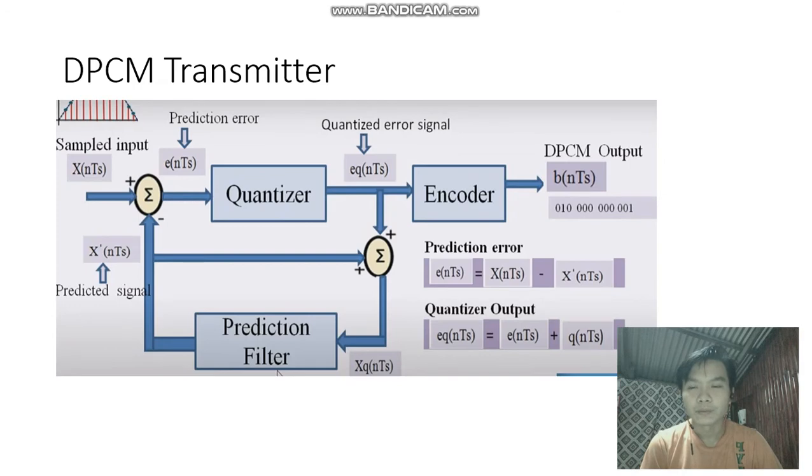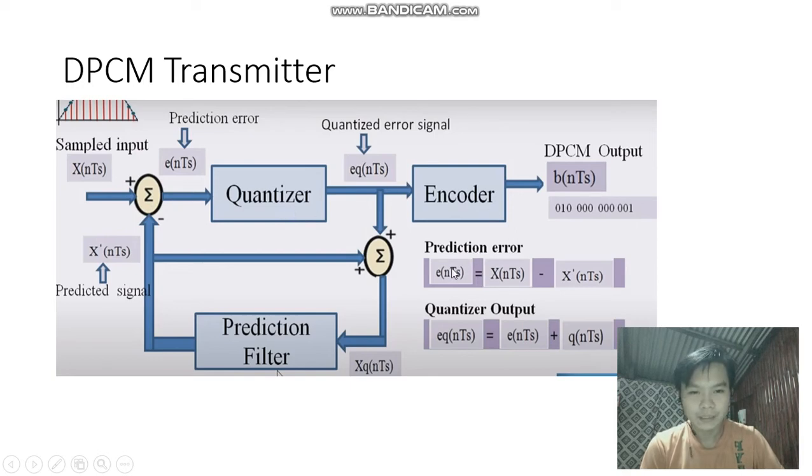Then we go to the DPCM transmitter. This is an example of the DPCM transmitter. This is the sample input, x(nTs). From x(nTs), it will result in the prediction error going to the quantizer. But before that, the predicted signal x'(nTs) is combined with the sample input x(nTs) to form a prediction error, e(nTs), which goes to the quantizer.